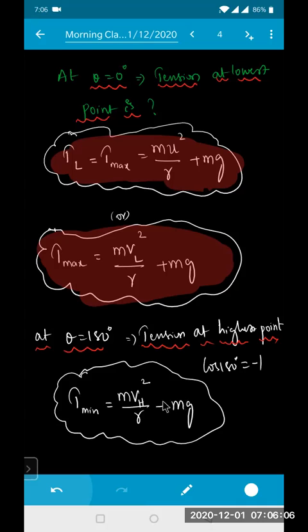So we got the tension at any angle. We got the tension at the maximum position, that is the tension at the lowest point, and we got the tension at the highest point. Now see the condition.